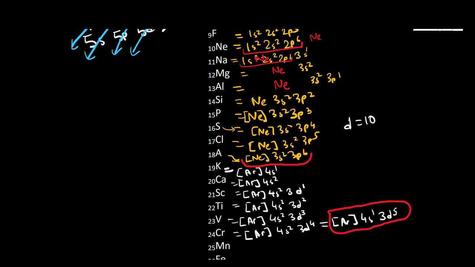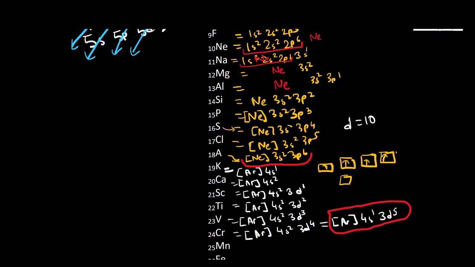Interesting. Well, if you remember, let's draw some orbitals here. Let's see what's happening here, okay? So this is my d orbital, okay? So we know how many, if I draw this, 1, 2, 3, 4.